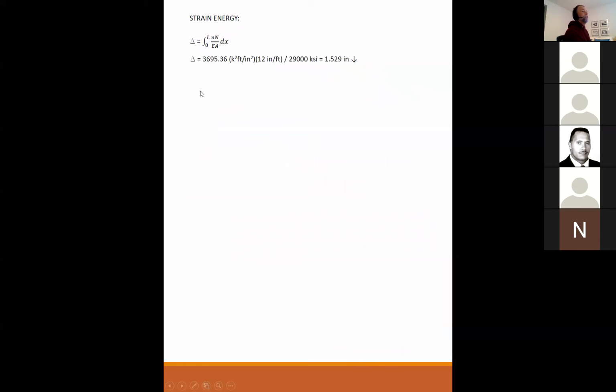And so the final step is we're going to take that sum that we just found, multiply it times 12 inches per foot to get rid of that foot, and divide by Young's modulus, in KSI, to get a total final deflection of 1.529 inches.